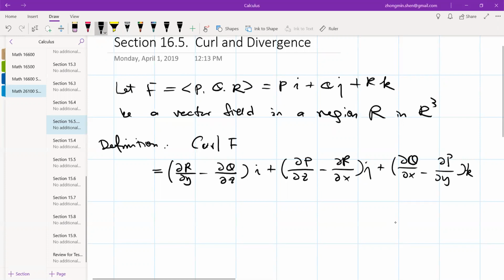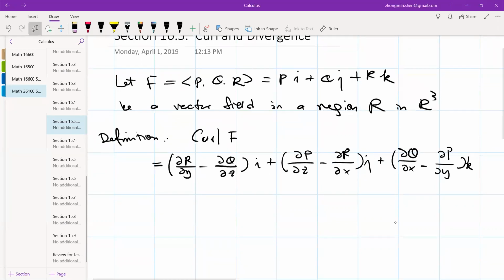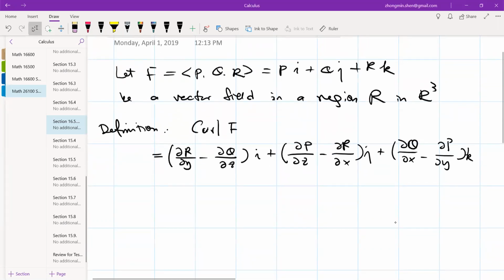You probably cannot write down this formula the next minute because there are so many partial derivatives, right? So you can formally express it in the following form. Okay, it's i, j, k here. These are vectors.